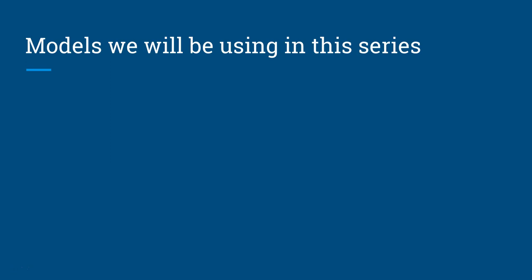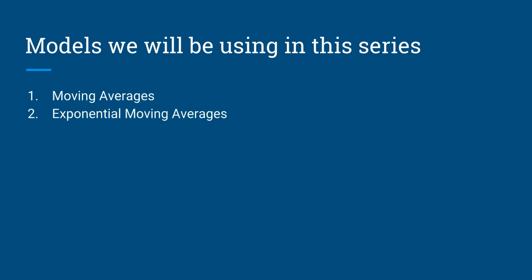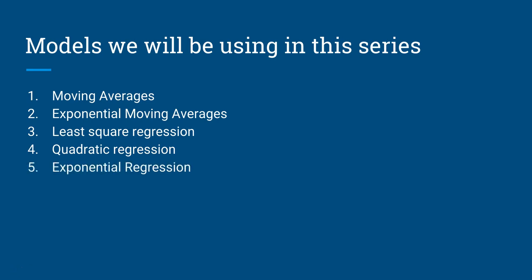Okay, finally, the last slide that I have for you in this beginner video is the models that we will be using in this series. At a high level, I have tried to cover pretty much all of those models which you generally see when you try to do forecasting. First of all, I have moving averages, exponential moving averages, least square regression for time series, quadratic regression, exponential regression, and ARIMA models.